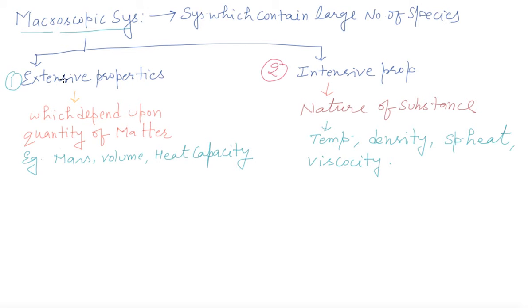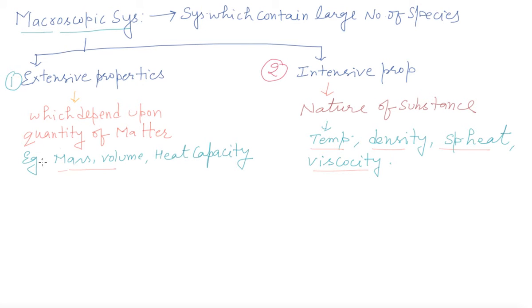Extensive properties depend upon the quantity of matter, like mass, volume, and heat capacity. Intensive properties depend upon the nature of the substance, like temperature, density, specific heat, viscosity, and so on.